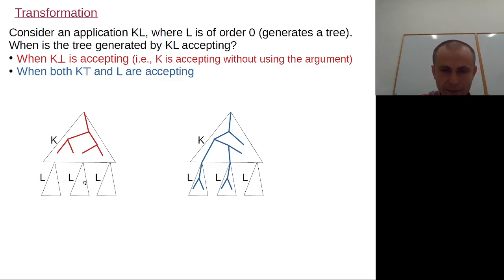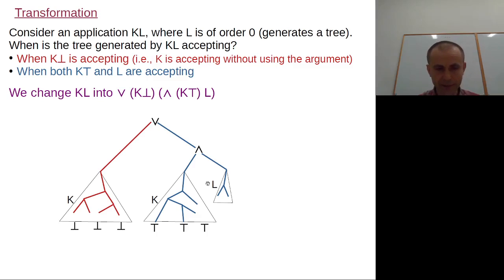The other possibility is that we look inside L, and then both this part generated by K and the tree generated by L have to be accepting. And such a tree can be transformed into the tree shown here, for which the acceptance is equivalent.